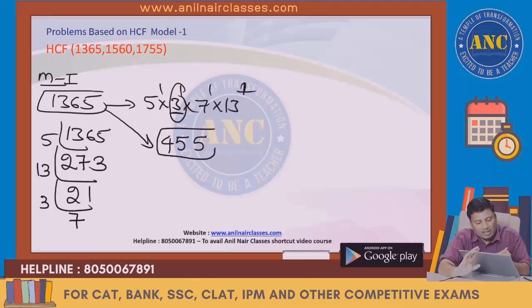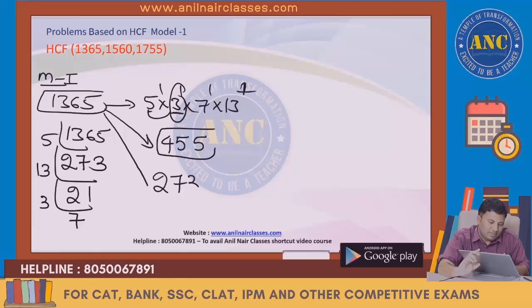If you want the next factor, divide by 5. 1365 by 5 is 273. Does 273 divide 1560? No, it is not possible.